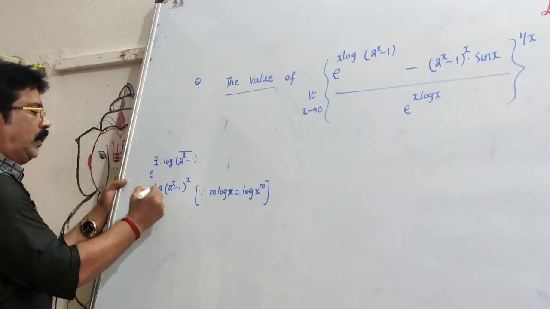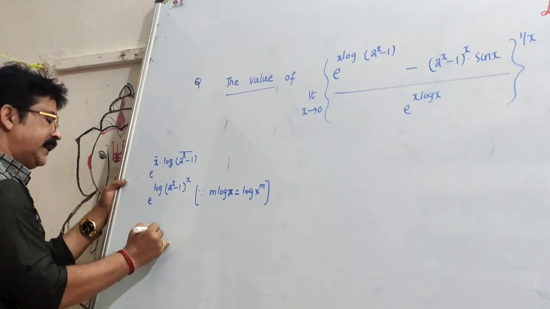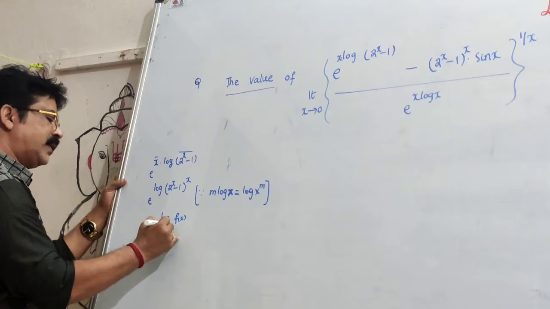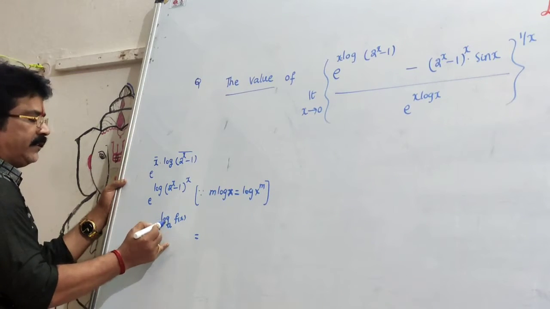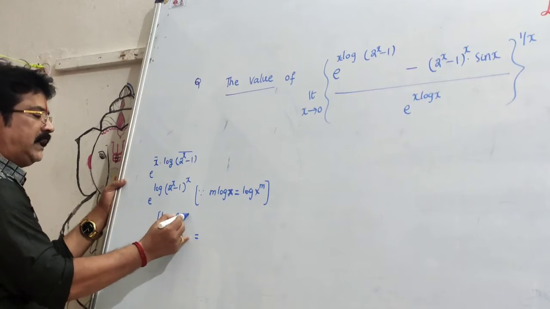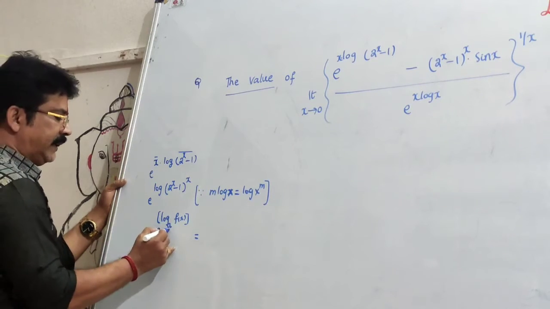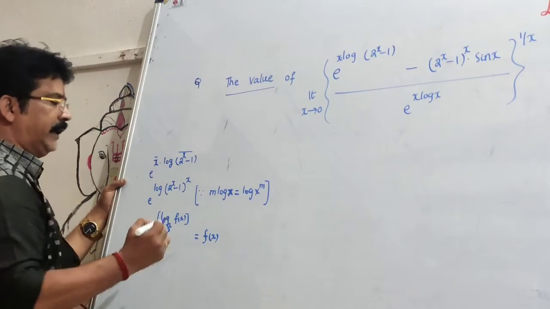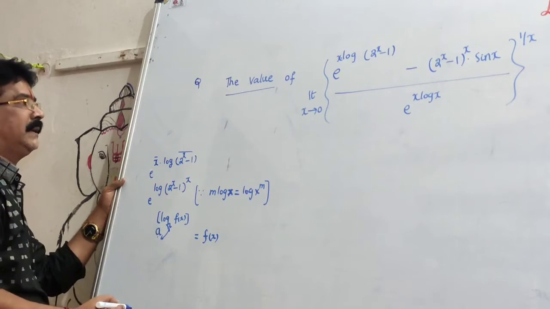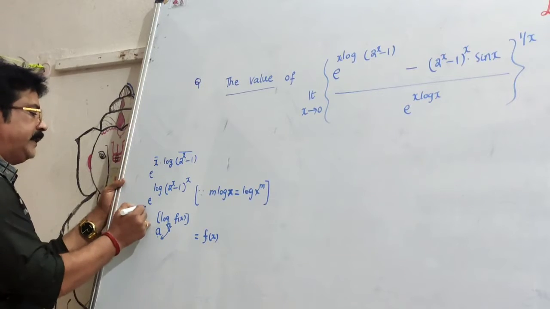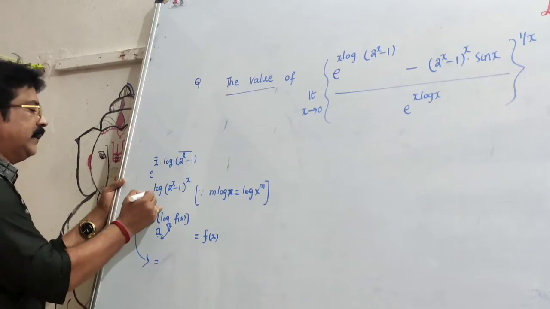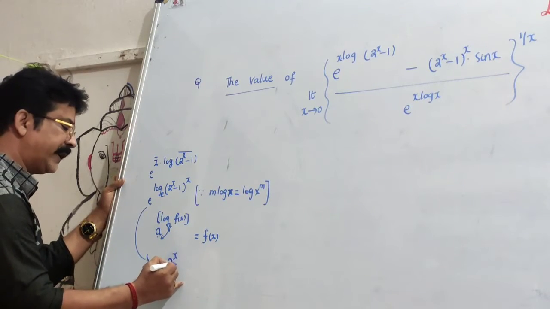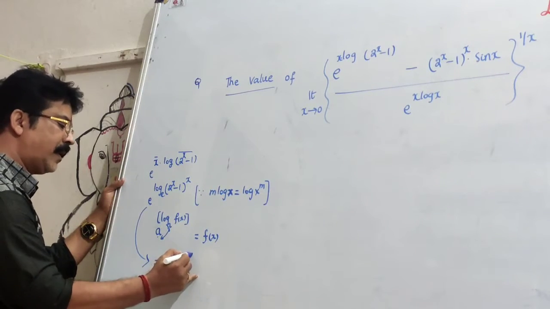Understand? So next, another formula: a power logarithm of f of x to the base a. Its base is a, the total base is small a, both are the same, therefore it is nothing but f of x. Already I said this formula, hence this can be written as, since the bases are the same, simply (2 power x minus 1) whole to the power of x.